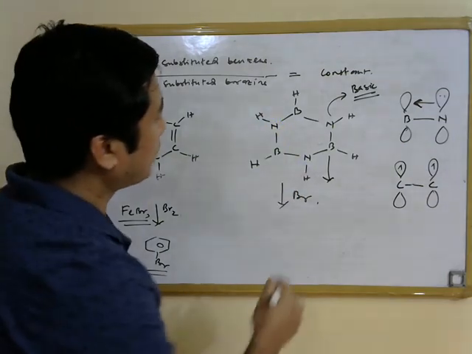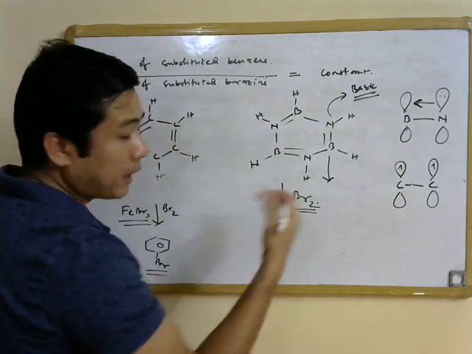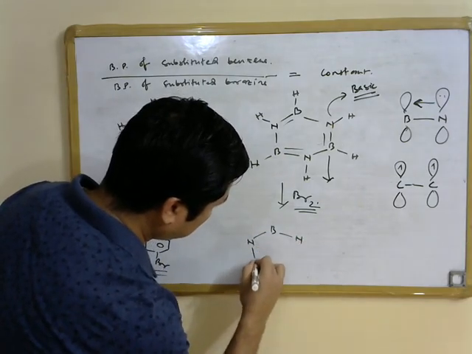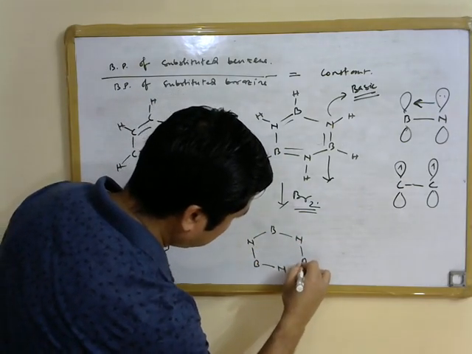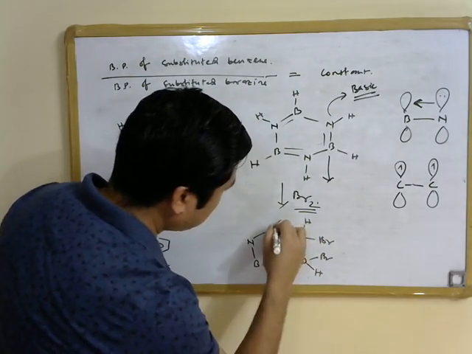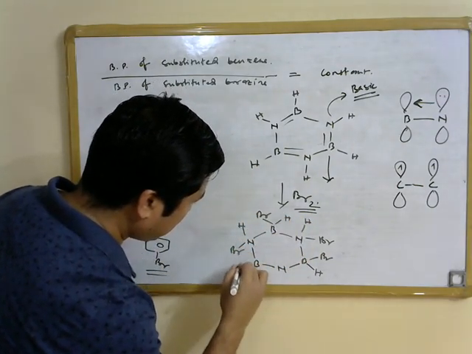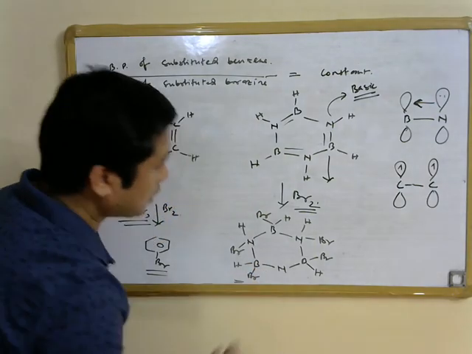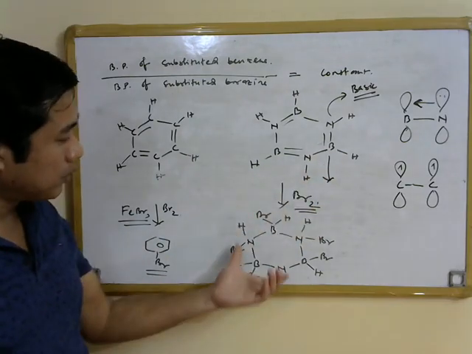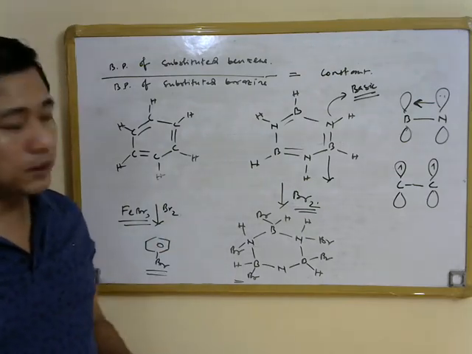But in the case of Borazine, what is going to happen is that when we do the reaction with Br2, an addition reaction is going to take place, and this sort of product will be isolated upon reaction of Borazine with Br2, because here instead of electrophilic substitution reaction, addition reaction is going to take place.